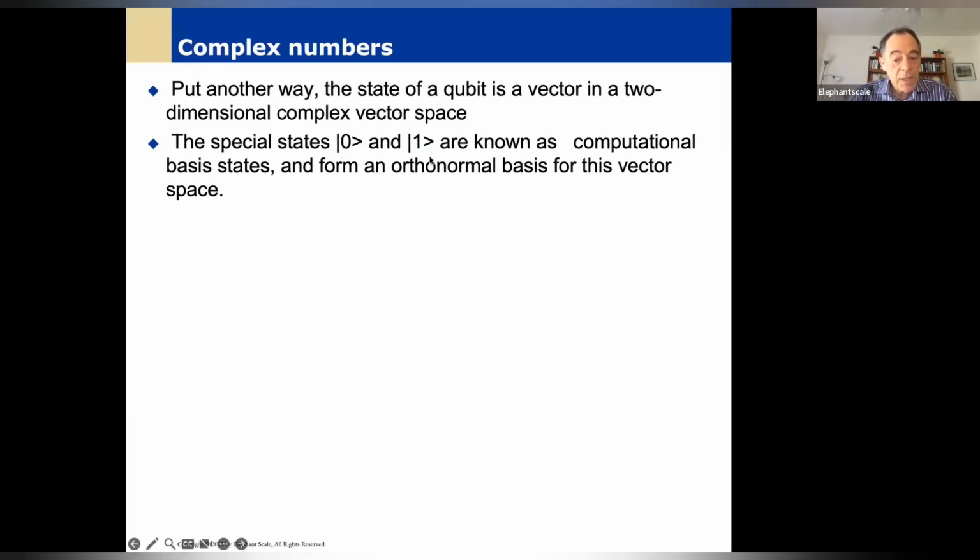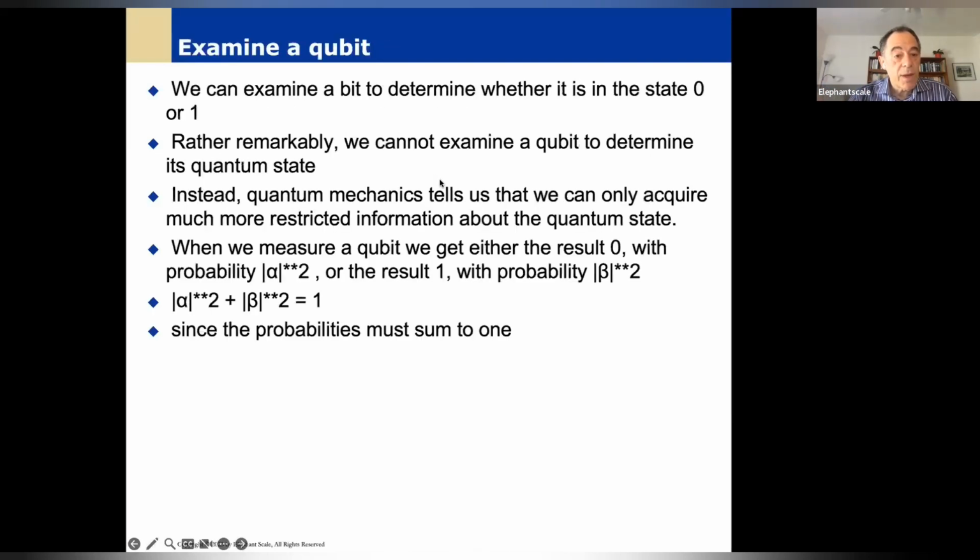These things, 0 and 1, are called computational basis states because the real state of the quantum bit, the qubit, is a combination of these. That's called the quantum computational basis, but you can think of them as two vectors, like x and y. So that's not that bad.